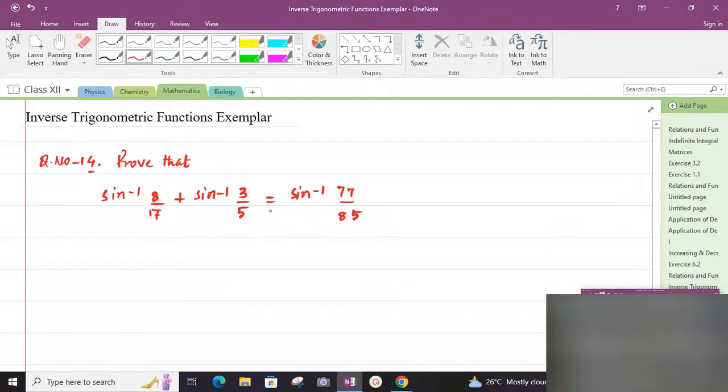So in this question it asks us to prove this. Let's see the solution.